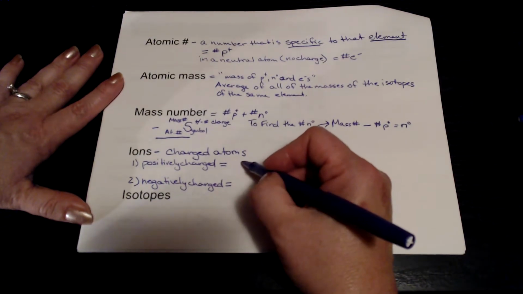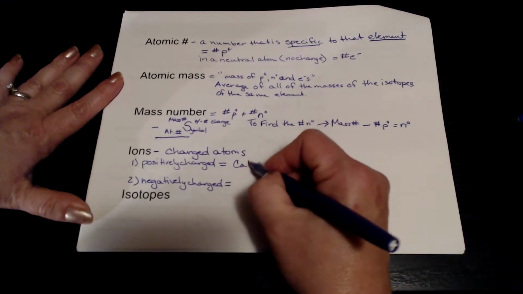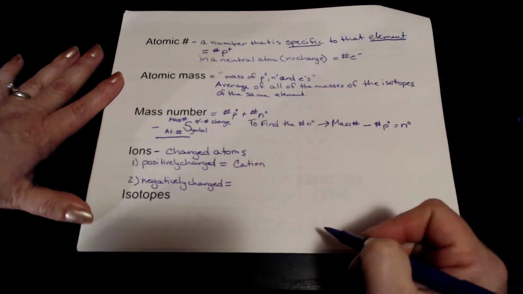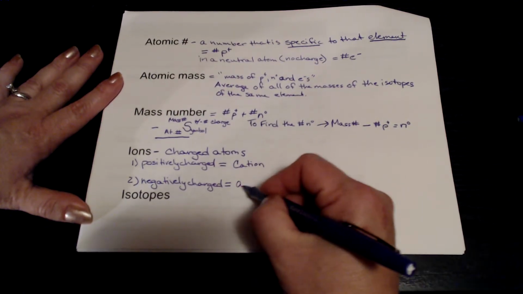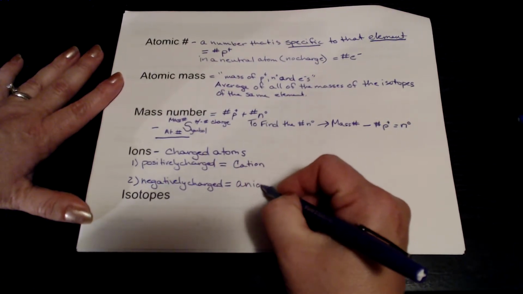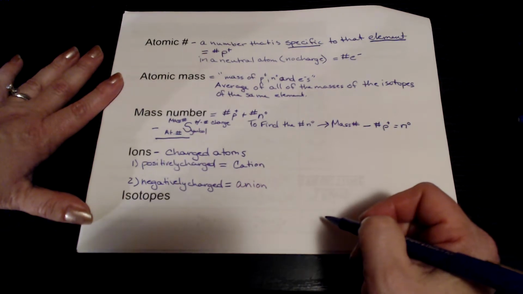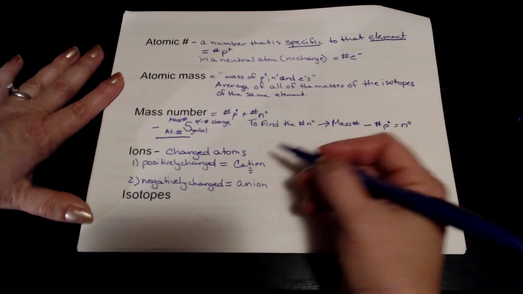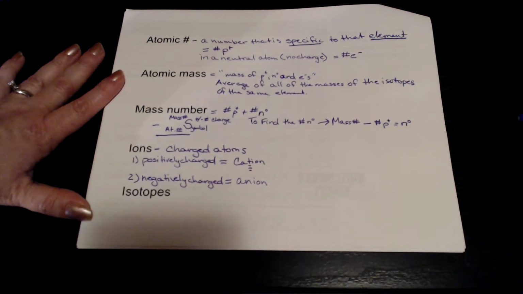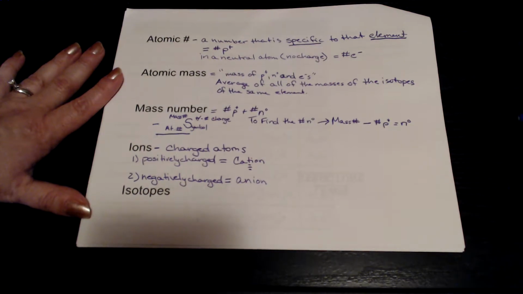A positively charged atom is a cation, and a negatively charged ion is an anion. The easiest thing for me to remember which one is which is that the cation actually has the positive sign, also known as the letter T, in the name.